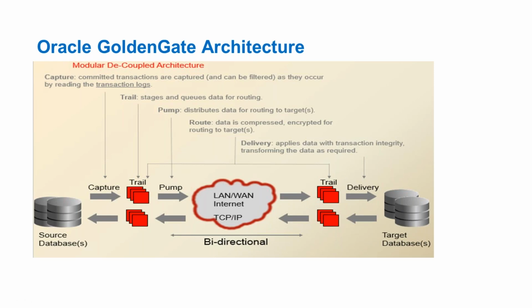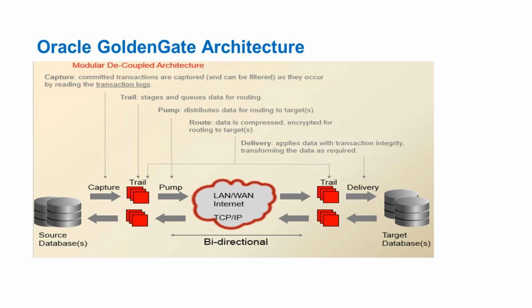So each process has a source to read from and a target to write to. The local trail is acting as a target for one process and a source for another process. Similarly, the remote trail is acting as a target for the data pump process and a source for the delivery or replicate process.